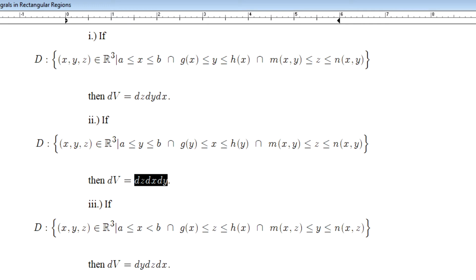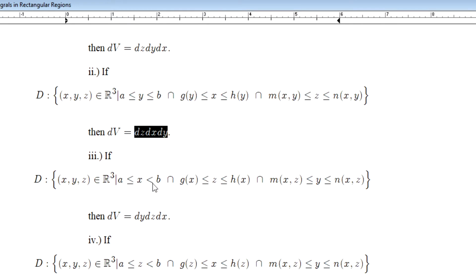In our third organization, what we consider doing is leaving x bounded between the values of a and b, but having z and y change roles. Now, if x is still bounded between the constants a and b, z will be bounded between the functions g of x and h of x, and y will be bounded between the functions m and n, which are functions in terms of now x and z.